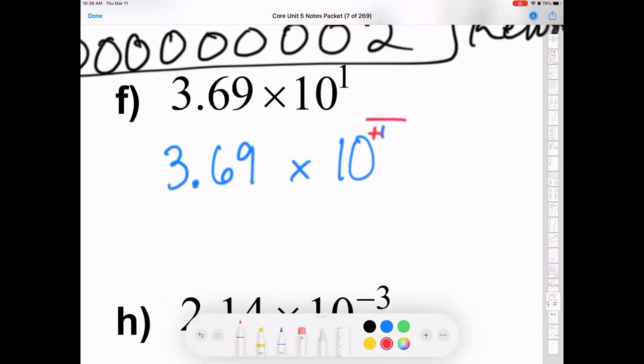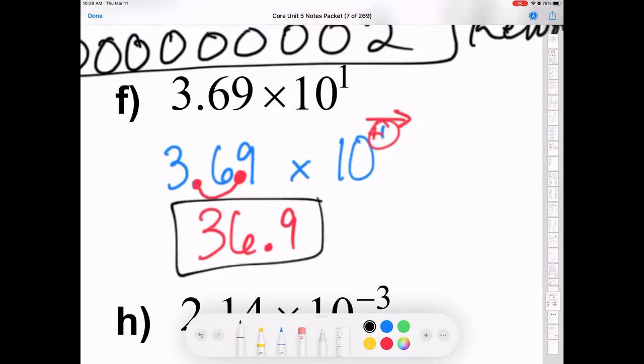So you're still going to move to the right 1 unit, so 1 decimal place. So nothing really changes there. You're still moving your decimal place over 1. And what we're left with is 36.9. And that would be your final answer there. A little bit of a special guy, but not crazily different.